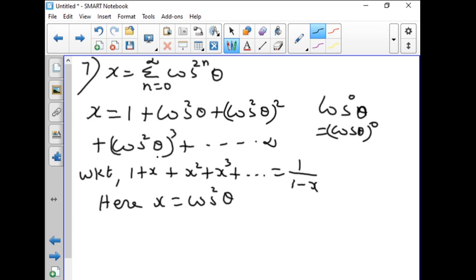Therefore, x is equal to 1 by 1 minus cos square theta. 1 minus cos square theta is sin square theta. Therefore, x is equal to 1 by sin square theta.